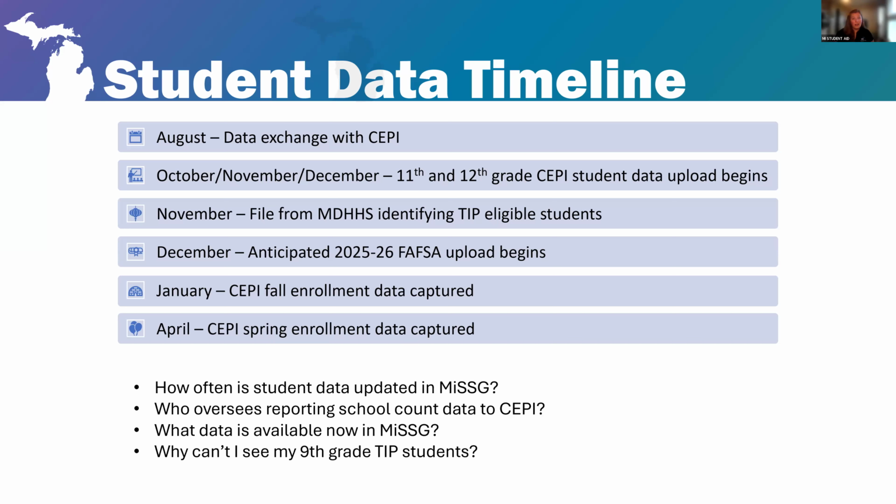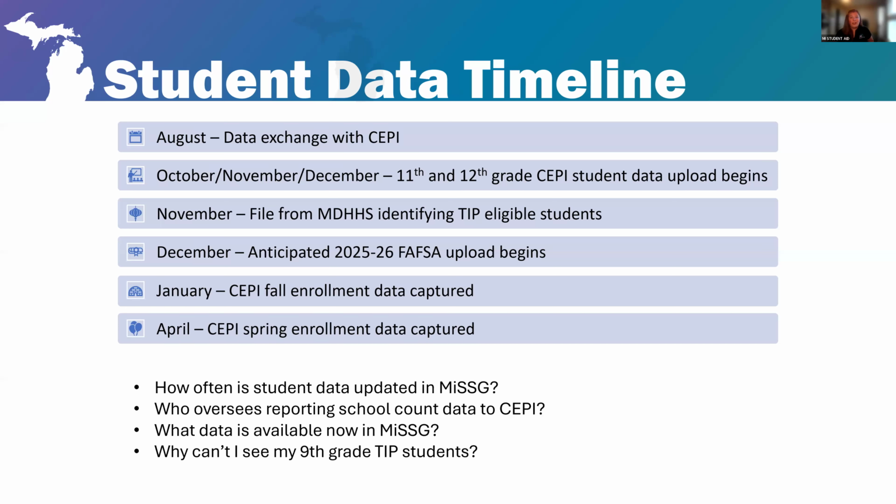We are so excited. That's exactly what we want. But if you're trying to look for your ninth grade students and you're not seeing any just yet, that's because the most recent CEPI exchange that would have happened with those students was in spring of their 8th grade year.